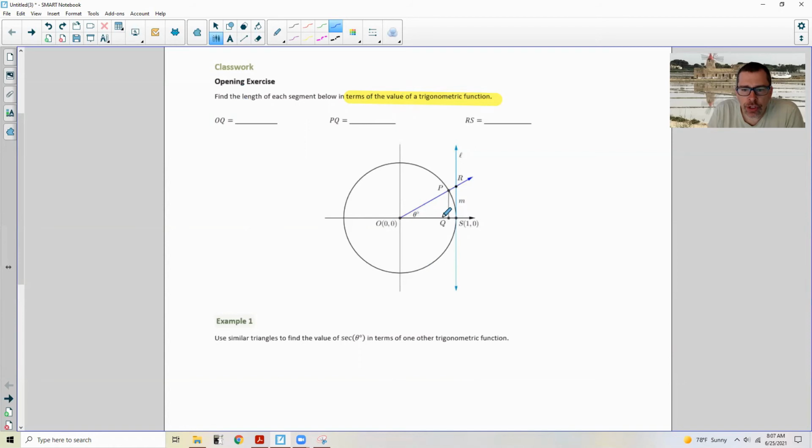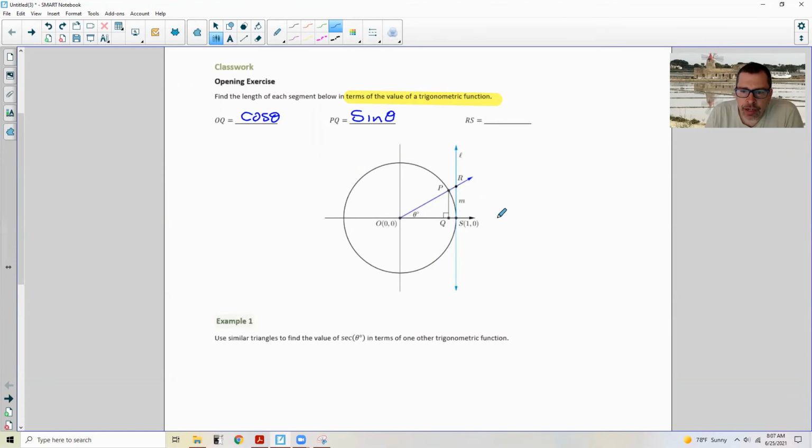So OQ is the adjacent side to the angle theta, so that is cosine theta. PQ is opposite theta, so that is sine theta. And RS, now be careful here, RS is out here.